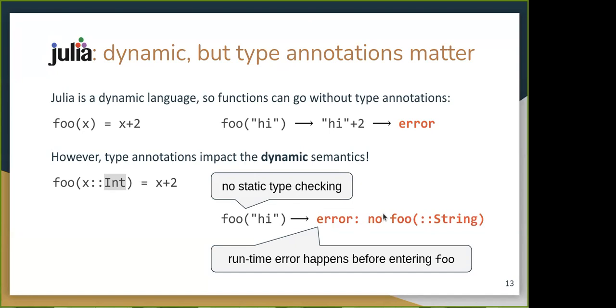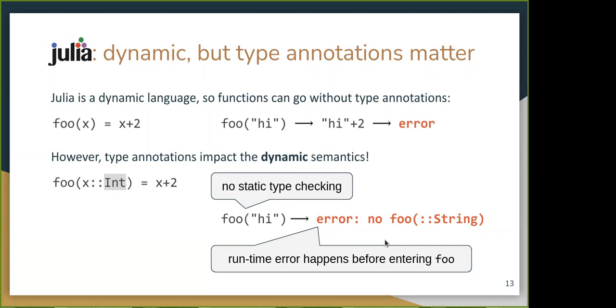It's not going to be a type error like in Python. Instead, it will tell us you don't have a function implementation that can work with strings. So you defined foo to work with integers, and you're trying to call it with a string, and that's a bad idea.